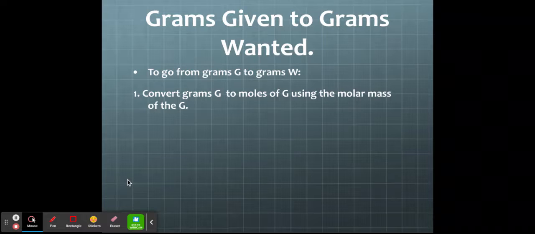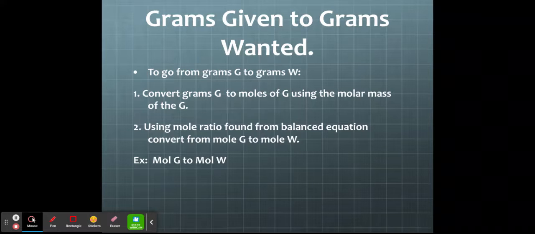Now how do we do this? There are a few steps involved to create the formula in order to cancel out all the units to get the correct answer, or to get the grams of wanted. First, you have to take the grams of given and convert it to moles of given, by using the molar mass of the given.